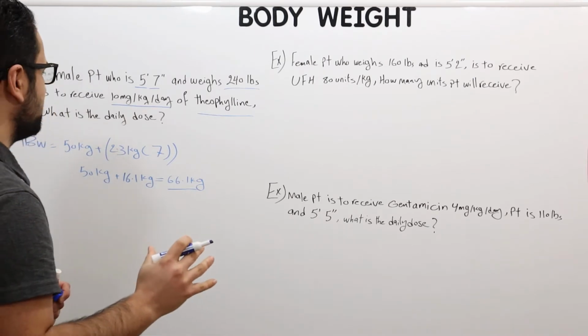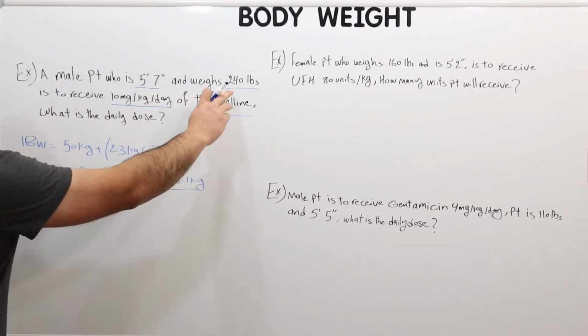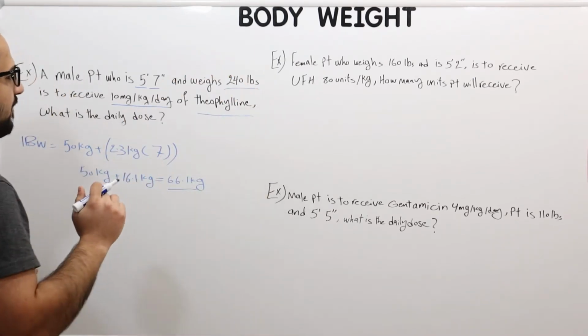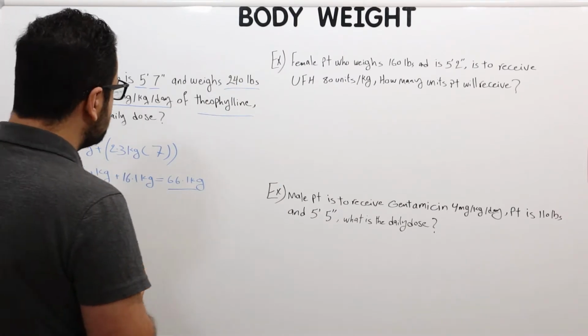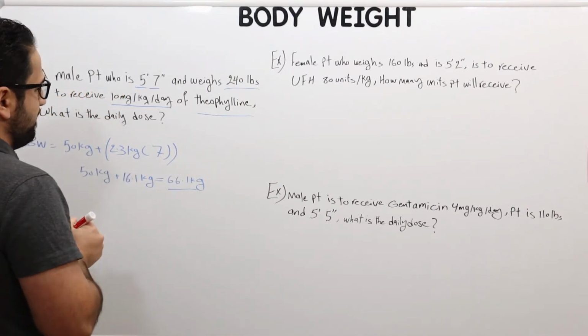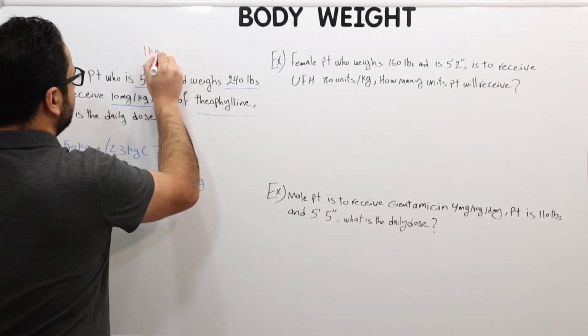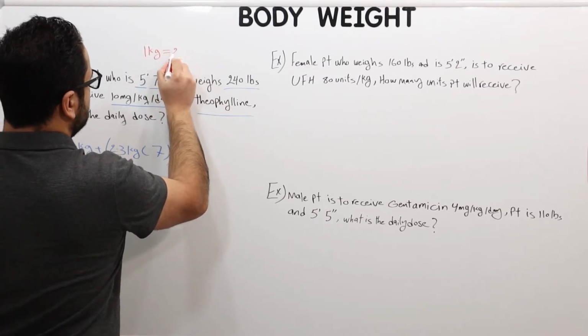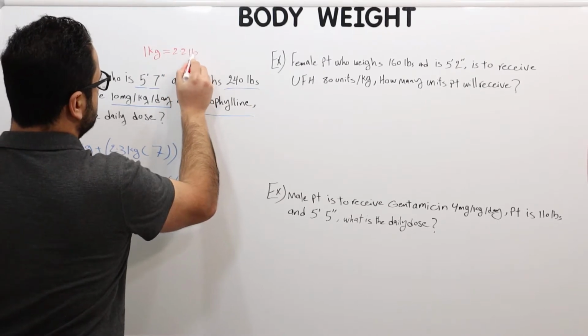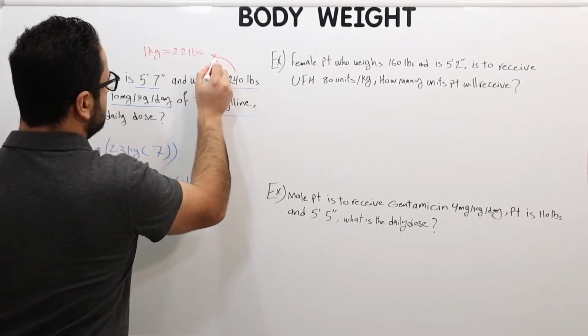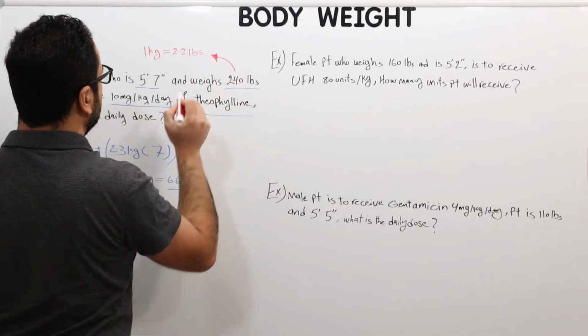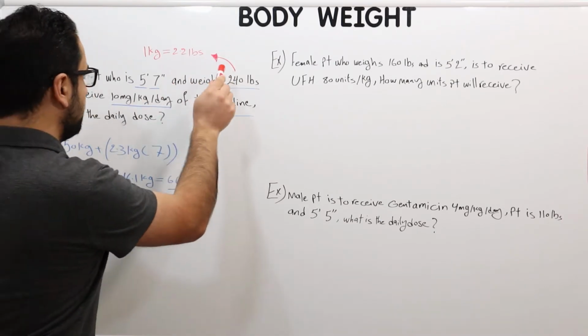Step number two is to convert these pounds to kilogram. Remember, the conversion factor is that for 1 kilogram there are 2.2 pounds. This is important to keep in mind when doing this conversion.